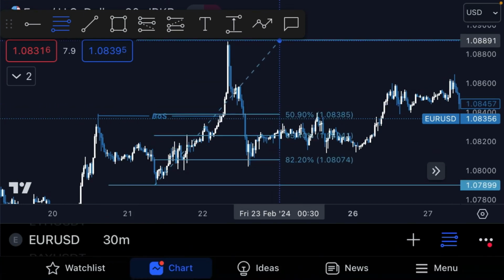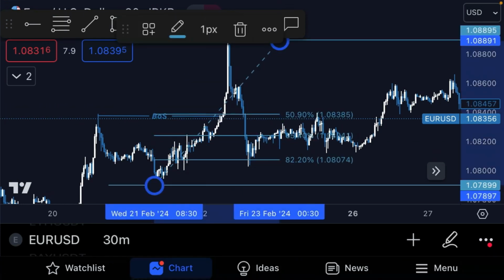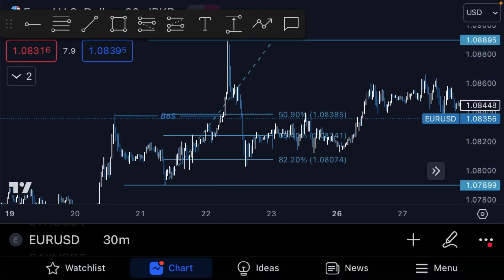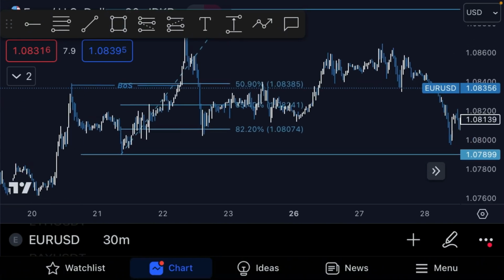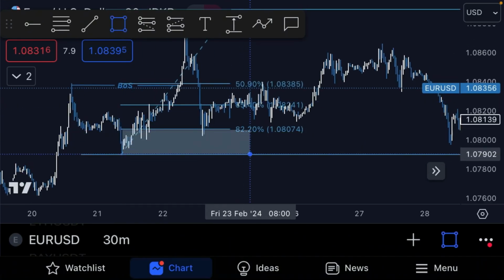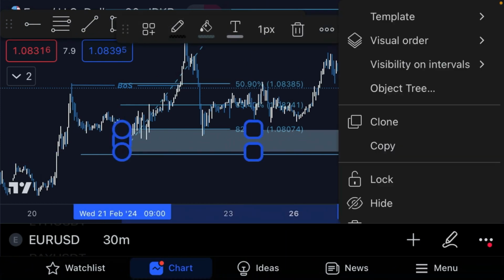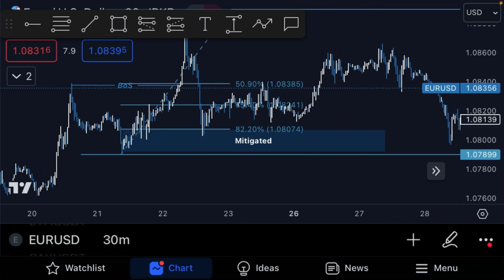Since we are buying, I take it from down to up. If we're selling, it's from up to down. Since we're buying right now, we take it from down to up. Now, my Fibonacci range gave me this. This is looking cool. So what do I do with this range that I just got?